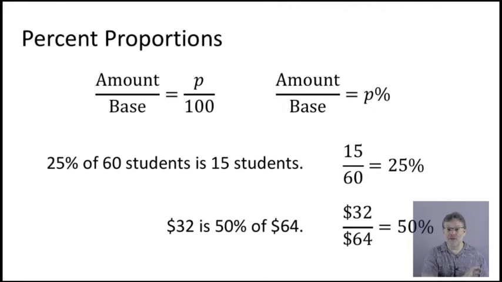Same thing, 25 over 100 is 25%. In the same way, $32 is 50% of $64. That's also true. So on the left-hand side, $32, the amount, over $64, the base, is equal to 50% on the right-hand side, or 50 over 100.